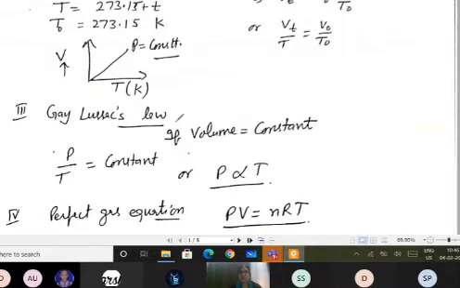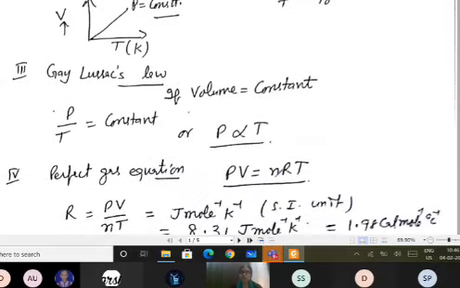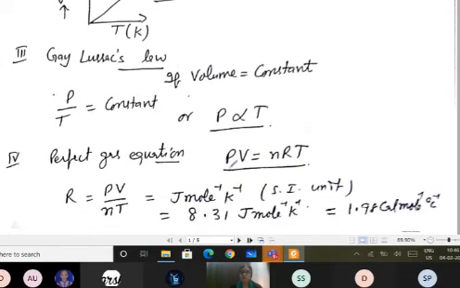Similarly, Gay-Lussac's law said that if volume is constant, then pressure upon temperature is constant, or pressure is directly proportional to temperature. And for the ideal situation, the product PV equals nRT for n moles.